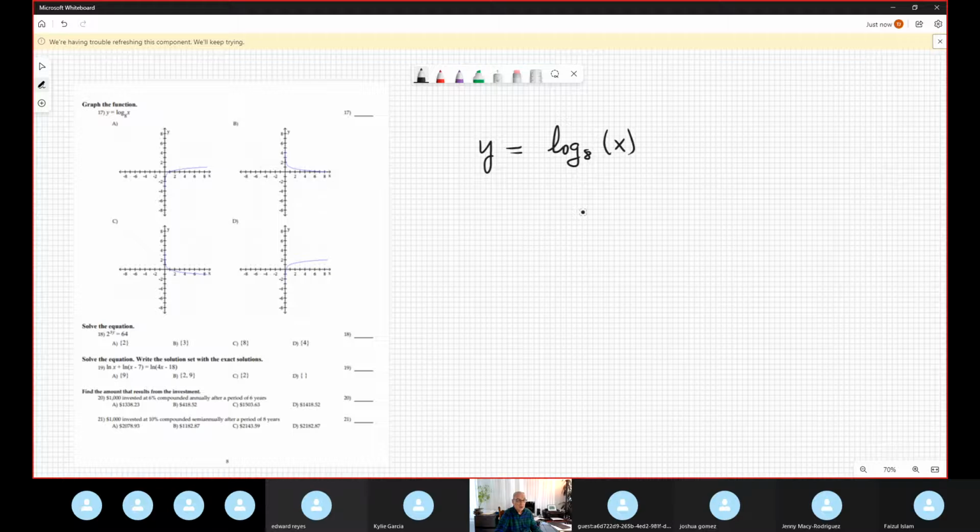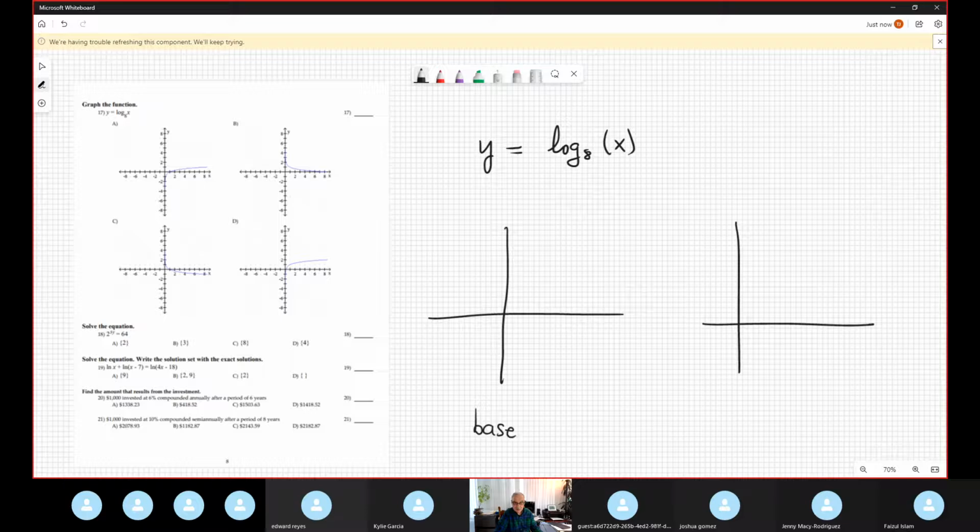I know very well that we have two kinds of exponential, and we have two kinds of logarithm. The most popular is when the base is greater than 1. And when the base is less than 1, it is different. And every logarithmic graph passes through the famous point 1,0.